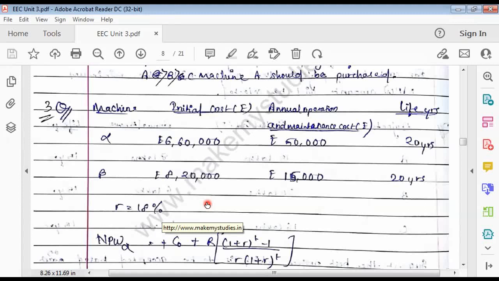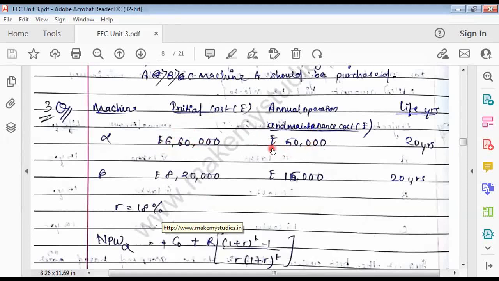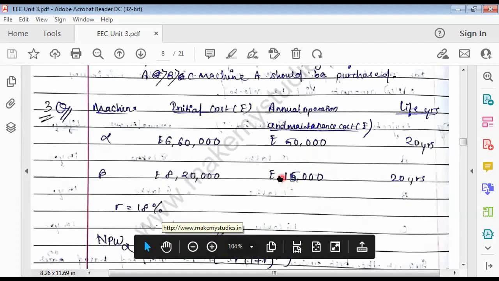You'll find only the company spending, and that too in two different ways. One is to purchase the machine initially; the second is to maintain and operate it. And the difference is that 6,60,000 and 8,20,000 are single-time investments, whereas 50,000 and 15,000 are recurring expenditure.